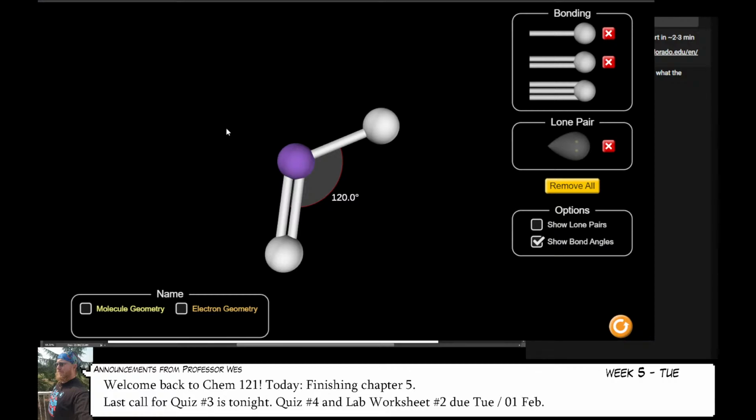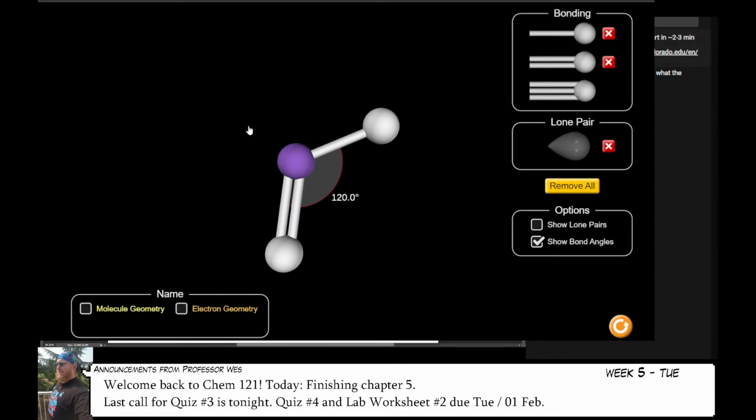The third electron group that was here is an electron pair, but electron pairs are very small compared to atoms and bonds leading to those atoms. So if you were to visually inspect it, you might say, oh, well, there's nothing here. You can see where the other atoms are and then imagine lines connecting them. But the electrons themselves are much, much smaller than atoms are.